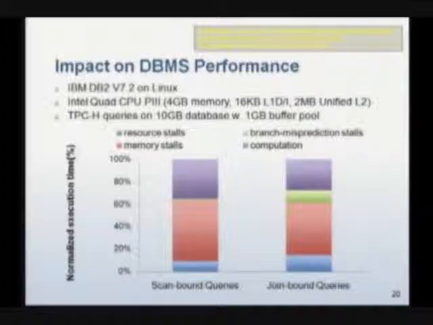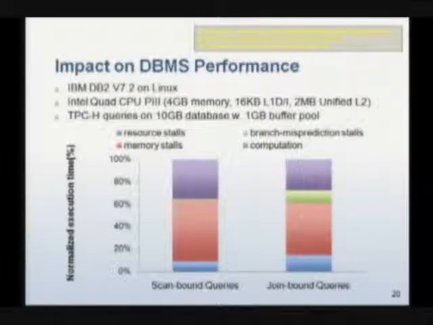So the thing in the upper right-hand corner, I changed the color at the last minute. That's a citation for a paper a former graduate student of mine wrote that was published in 2005. These results are from IBM DB2 running on Linux. The SQL Server results I have are older, and I'll point out the differences. There's an Intel Quad CPU, P3, Xeon.